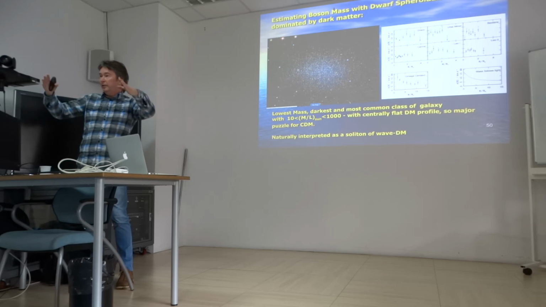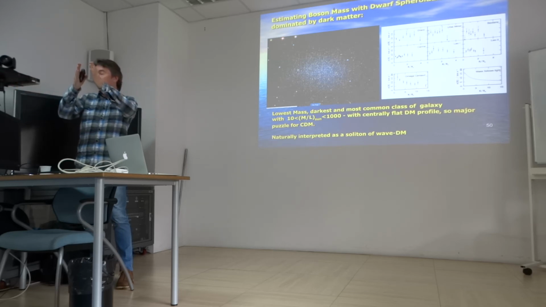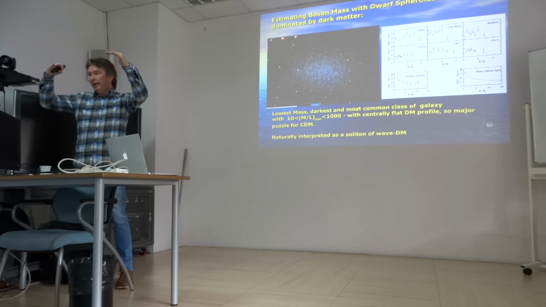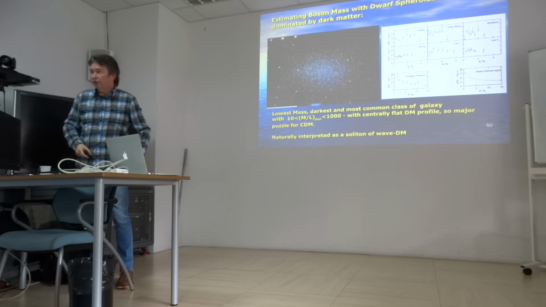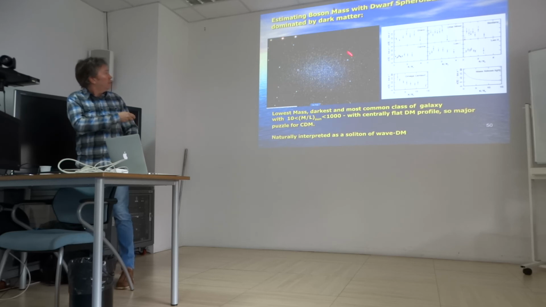Unfortunately, as with most dwarf spheroidals, the stellar population is rather central, you only see small numbers of stars in the middle, and then you don't have the leverage on that quantity. So this is why we chose this particular object.